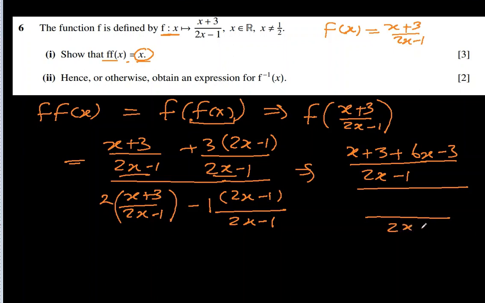We write 2x minus 1. And please, some of you have a misconception that this 2 multiplies with both numerator and denominator. No. 2 multiplies only with the numerator whenever there's a single number multiplying with a fraction. So it will be 2x plus 6 minus 1 multiplies with 2x minus 1, 2x plus 1.